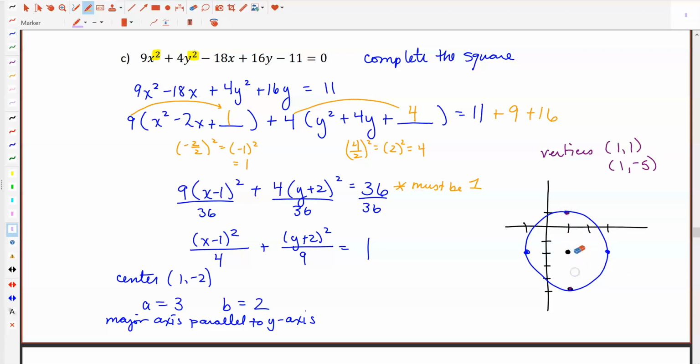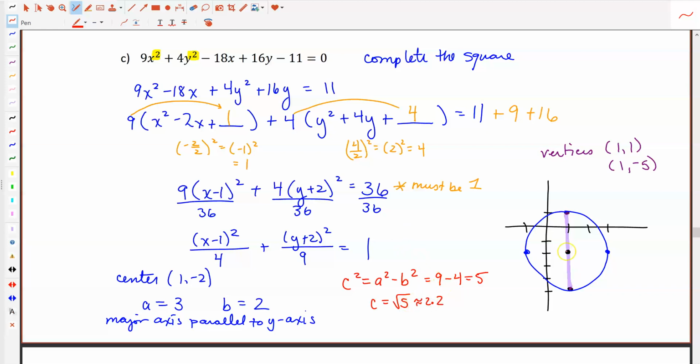So we need to get our foci. It's going to be our last step. All right, so c squared is equal to a squared minus b squared, or 9 minus 4, or 5. So c is equal to the square root of 5, which is roughly about 2.2.